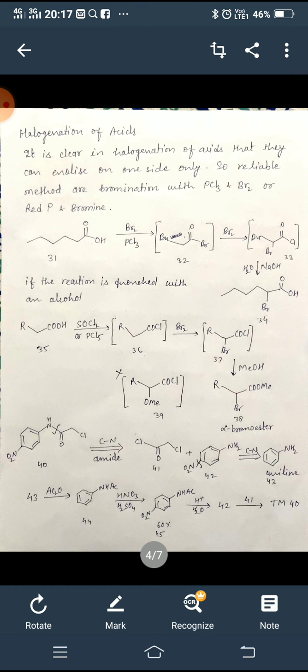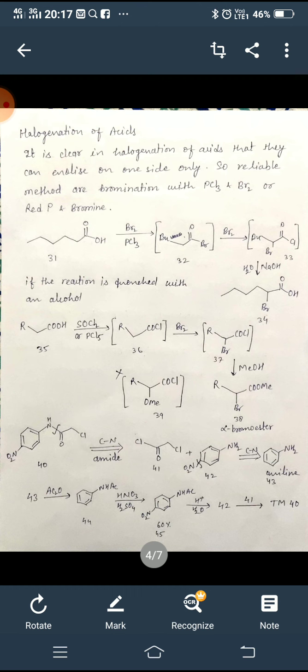After that, in the bromination we get the halo compound, molecule number 33. Then in the presence of base, it converts into molecule number 34.